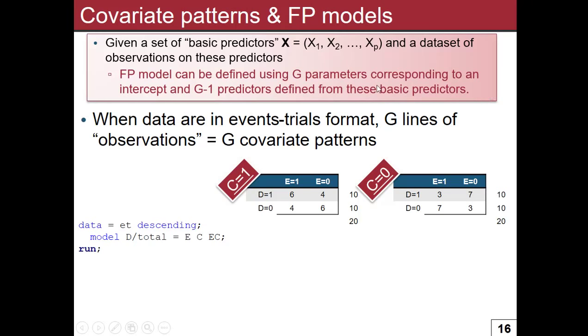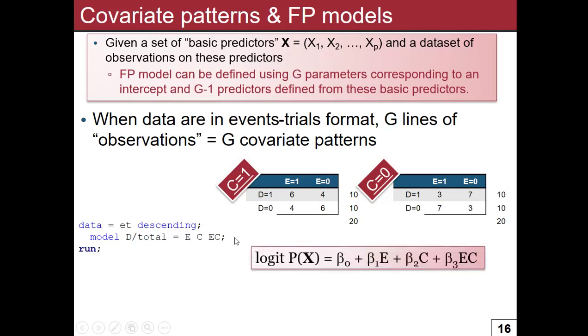So we're going to walk through this and make a test statistic out of it. Here's the data that we showed before. It's got exposure 1-0, C 1-0, 40 observations. If I fit this model, exposure, C, and then E times C, that's 4 terms.